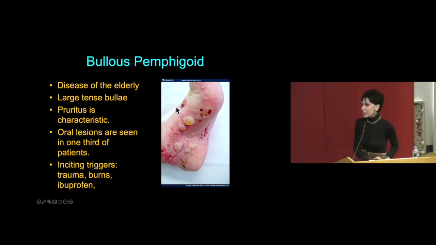And clinically, one sees large, tense bullae. It tends to be a very pruritic eruption, so pruritus is quite characteristic. Oral lesions are seen in about a third of patients. And bullous pemphigoid can be triggered by some exogenous event, trauma, burns, sometimes drugs.